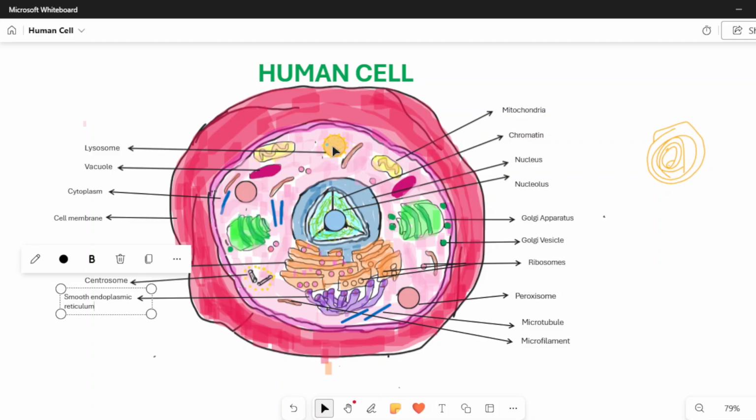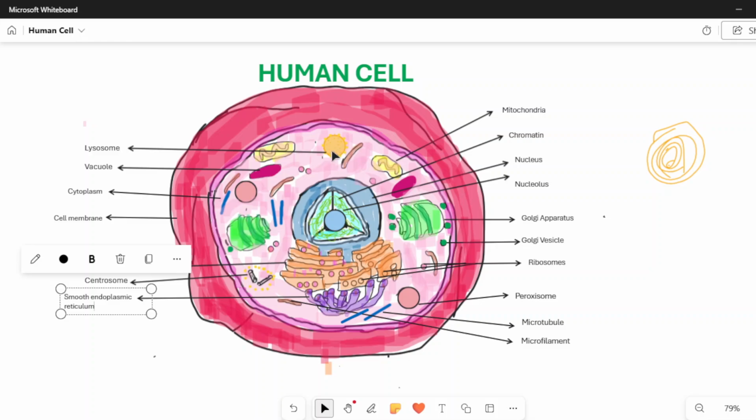So that time this lysosome comes into play. So this lysosome has some digestive enzymes which digest any unwanted materials. So this has a protective layer around it.